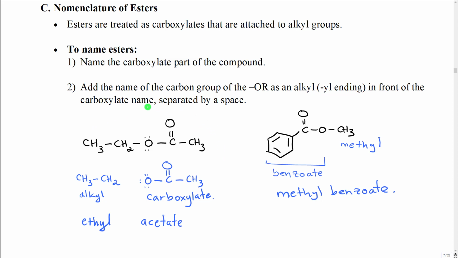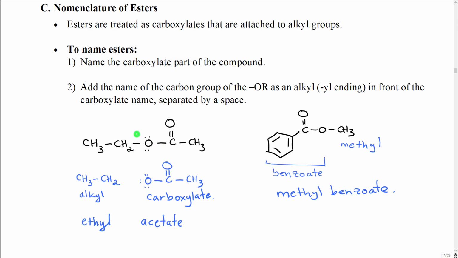Starting with the carboxylate portion of it, we can see O, C double bond O, and then this carbon group, that's the carboxylic acid portion. So we're going to name that as a carboxylate. In this particular case, that would be acetic acid, so we take off ic acid and replace it with ATE.